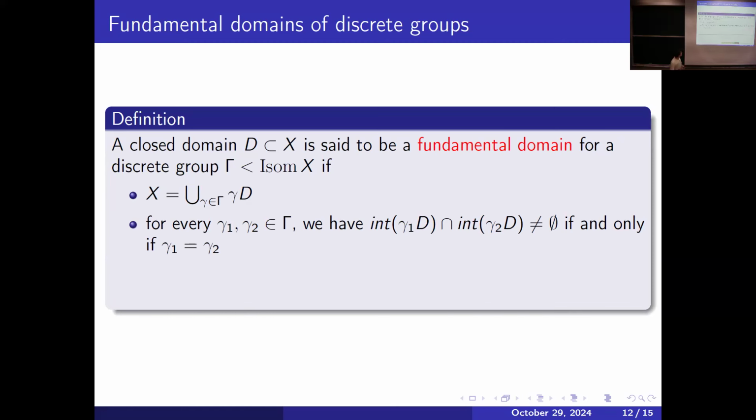The second condition, let me formulate it carefully, gives the following: the interiors of two copies of D can intersect only when these copies are identical. So different isometries give you different interiors.